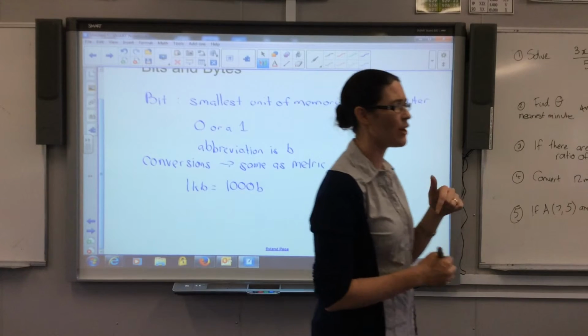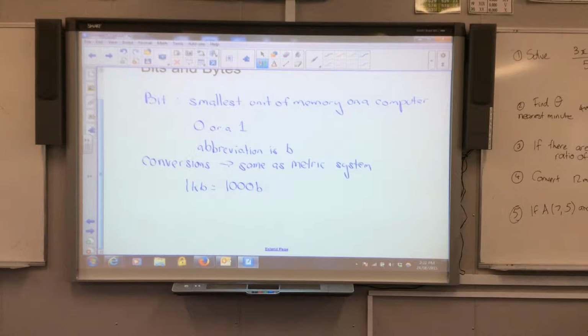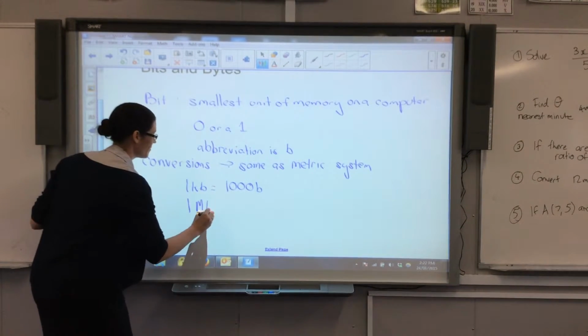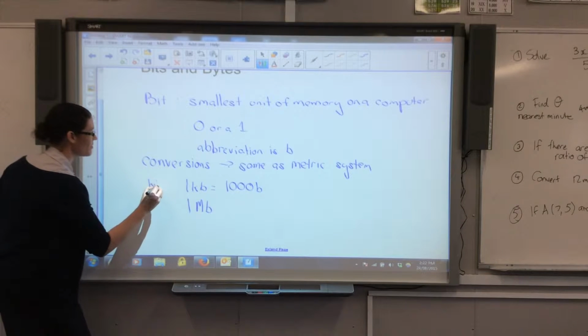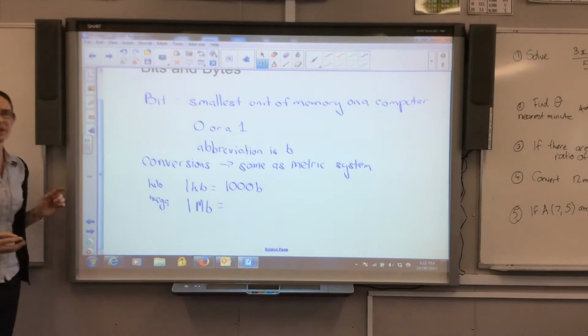Okay, what comes after kilo? Mega. And what letter do we use for mega? A capital M. Excellent. So a megabit, this is a kilobit. 1 megabit, what's that going to be?